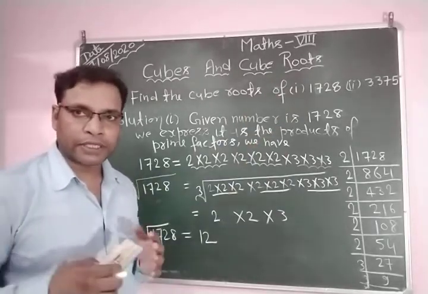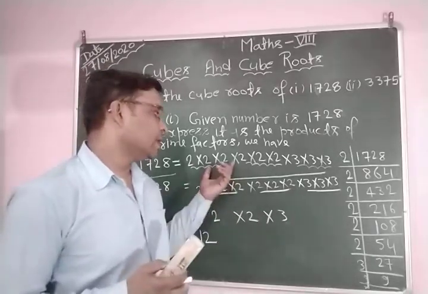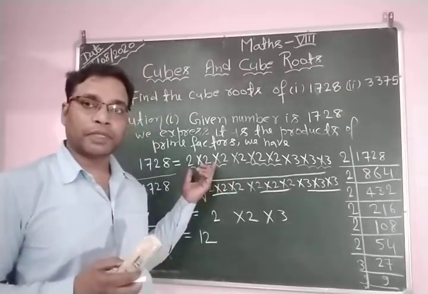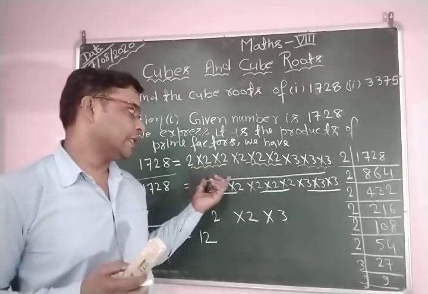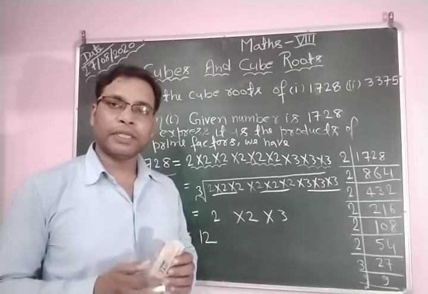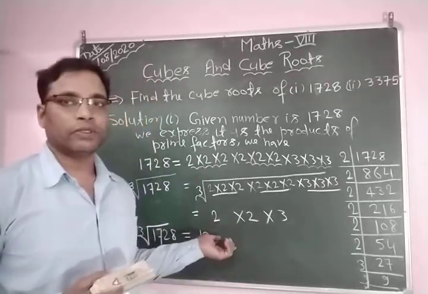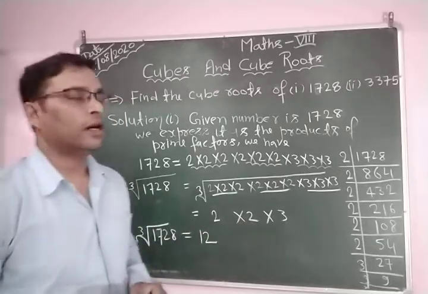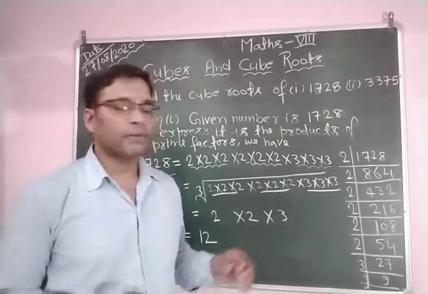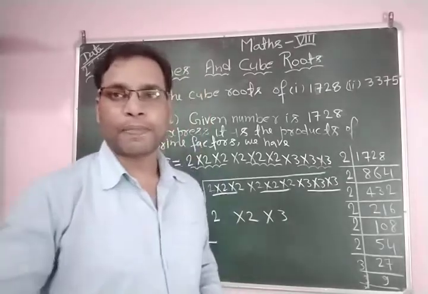After this we express it as a product of prime factors and make groups of prime triplets of equal prime numbers. After this we take one prime number from each prime triplet group. Then we find the cube root. So let's see how to find the cube root of 3375.